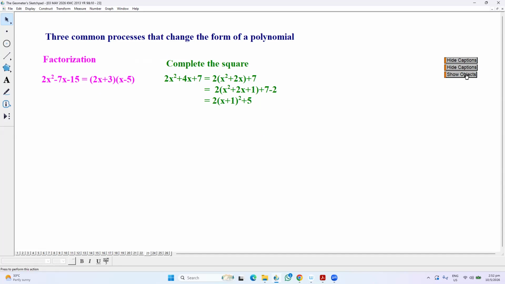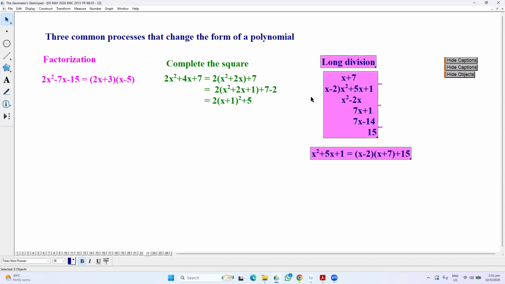What is happening? You see? If we do long division, you have x squared plus 5x plus 1, and we divide by x minus 2. How to do long division? You see x squared, you must put x, so here x squared. But x times minus 2 is minus 2x. Then it's top line minus bottom line: 5 minus negative 2 is 7.